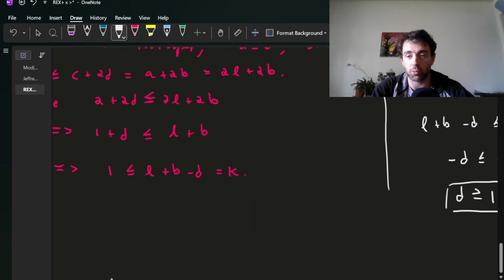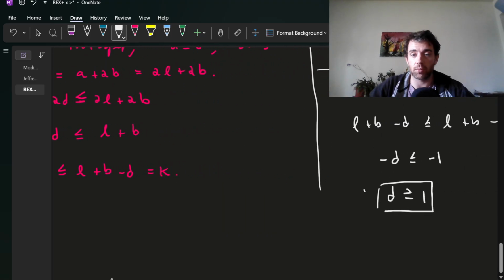So again, in order to explain this, we start at the simple thing that we know, and we move up to try and reach the thing that we're trying to demonstrate.